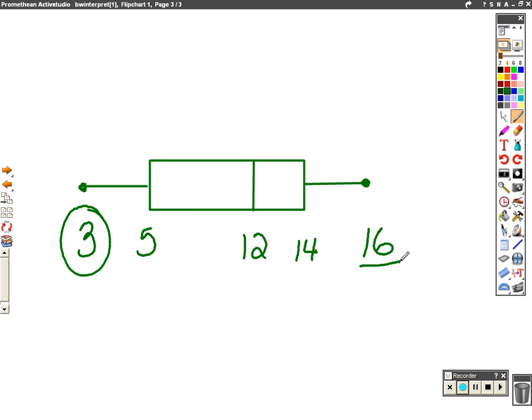25% of my baskets were above this number. I hope you said 14. How about 25% of my data is below this number? That would be the 5.